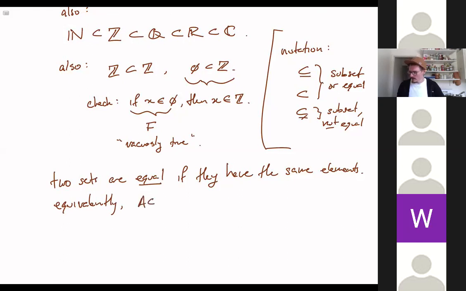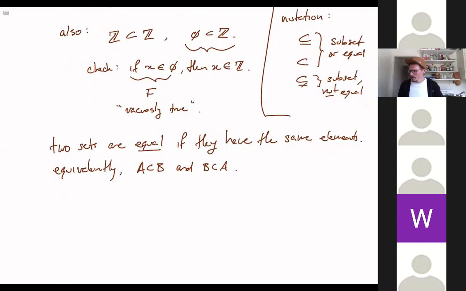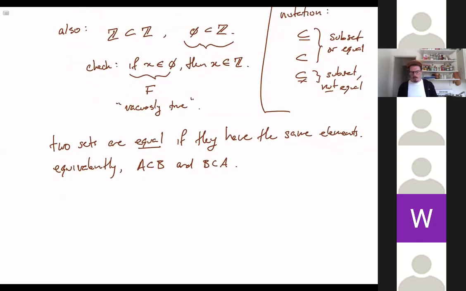So if A is a subset of B and B is a subset of A, then they are equal. And this won't always be obvious. So this example might not be too non-obvious, but maybe let's just write it down as a quick example.